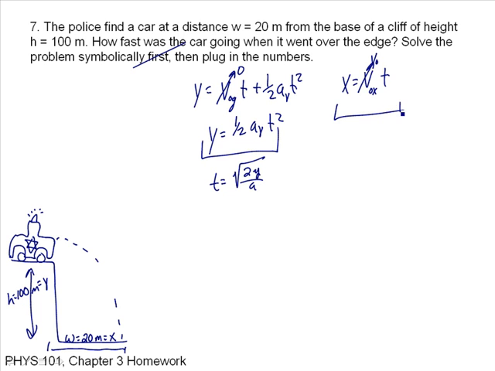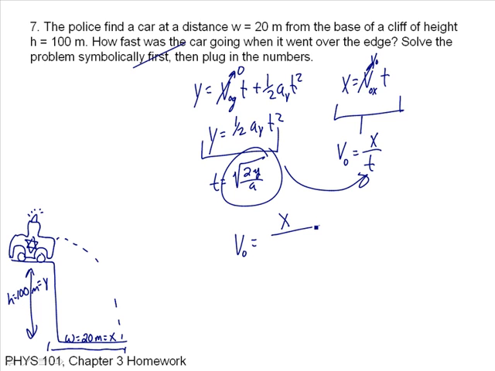And then likewise, I can go over here and say that v naught is equal to x over t. I want to know what v naught is, so I can just plug this in for t, and then I have an expression for v naught. So v naught is equal to x over the square root of 2y over a, which is equal to x times the square root of a over 2y, and then I just put in my numbers.